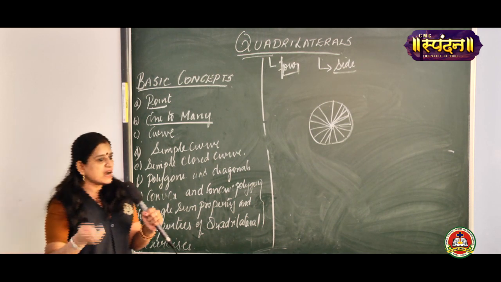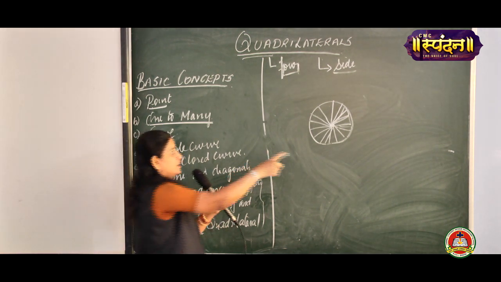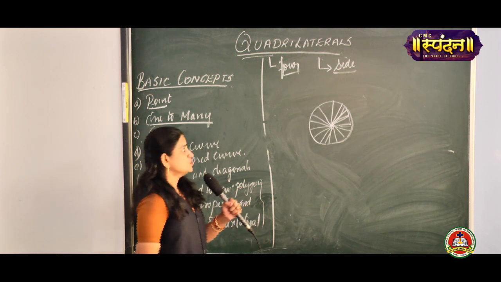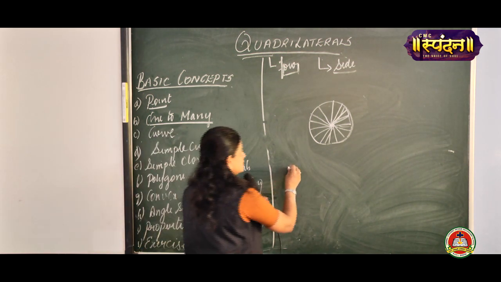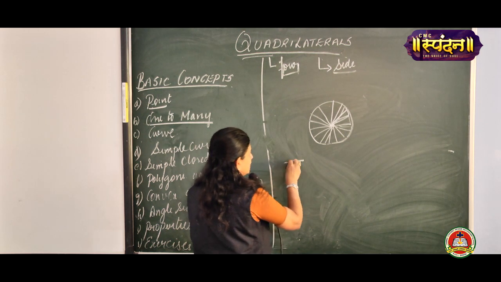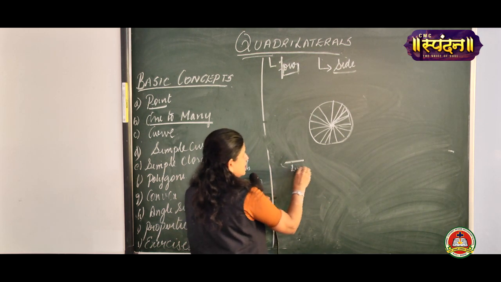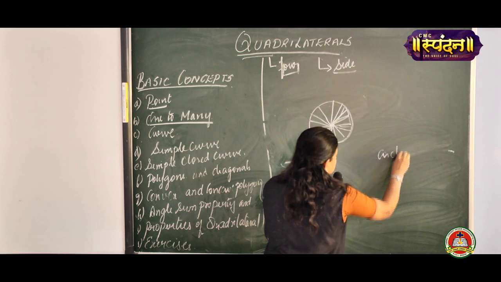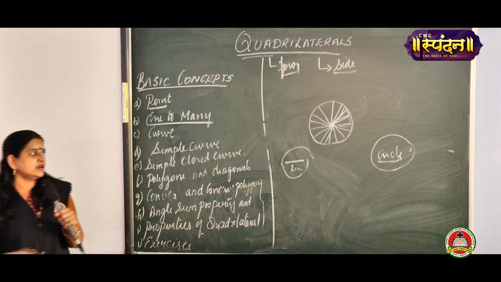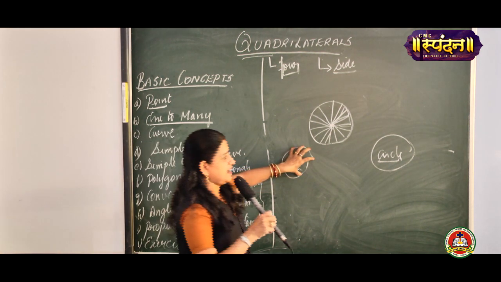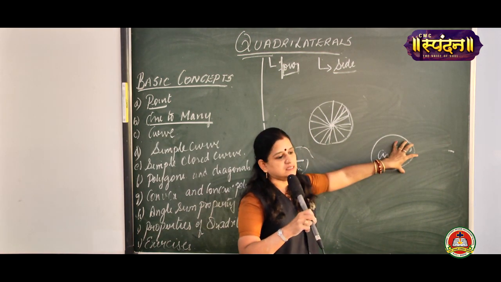So from one line segment you have reached a circle. This is nothing but the concept of one to many. That is, our geometry lies between the line segment and the circle.